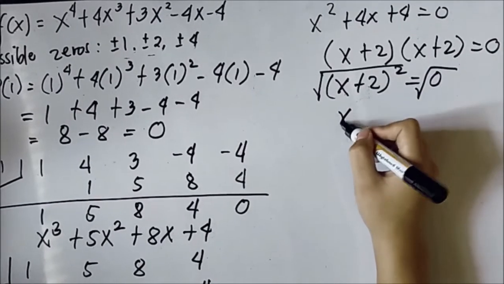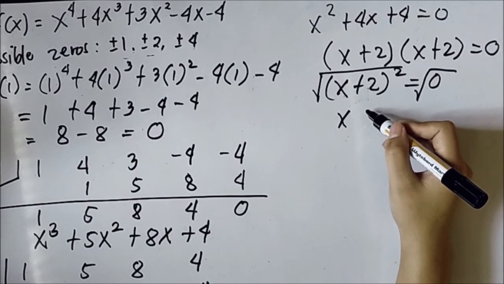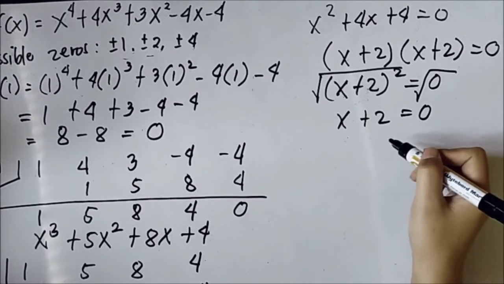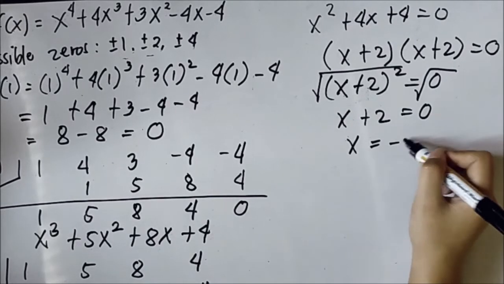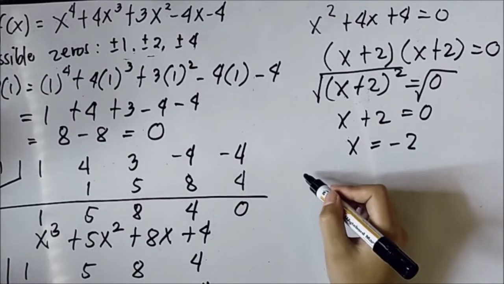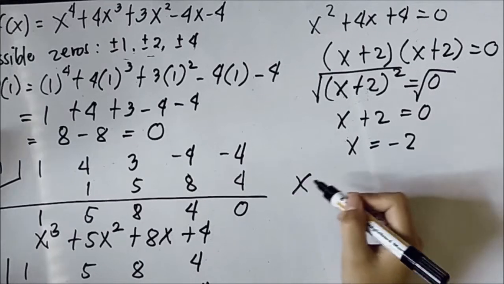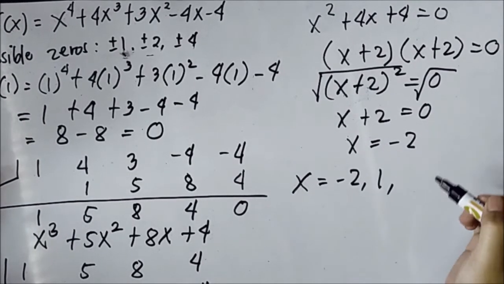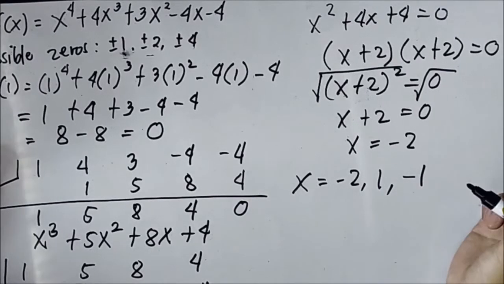So we have x plus 2 now is equal to 0. Then transpose to the other side, we have x is equal to negative 2. So our zeros are x is equal to negative 2, positive 1, and negative 1.